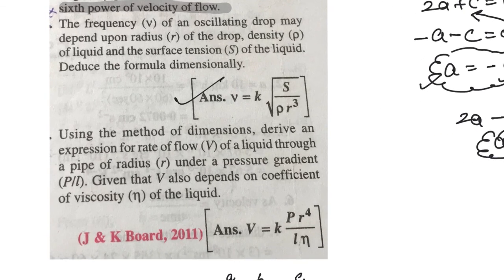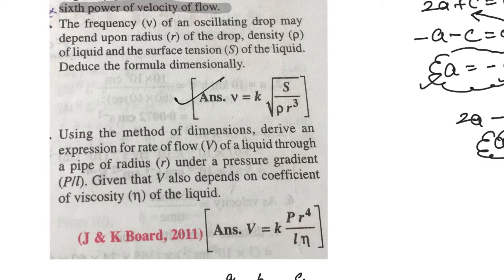So class, we are left with the last one. What is the last one? Using the method of dimensions, derive an expression for flow rate. What do you mean by rate of flow, class?